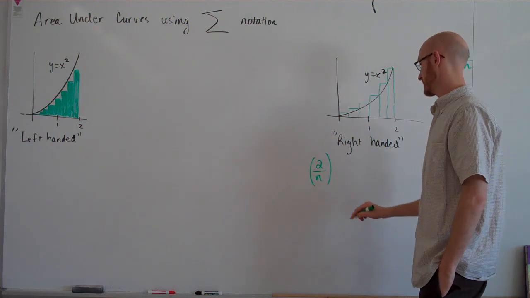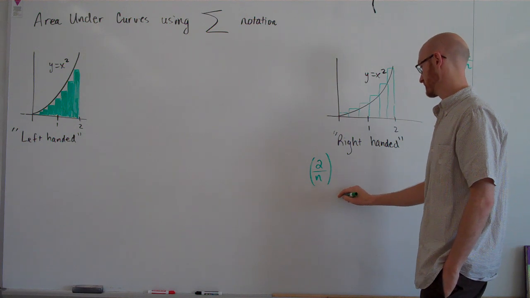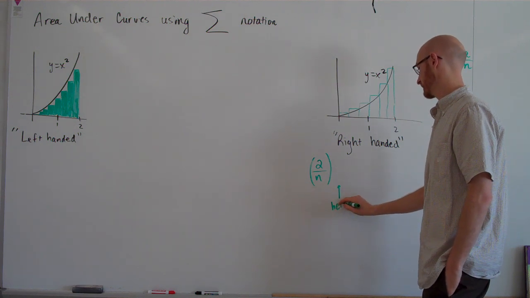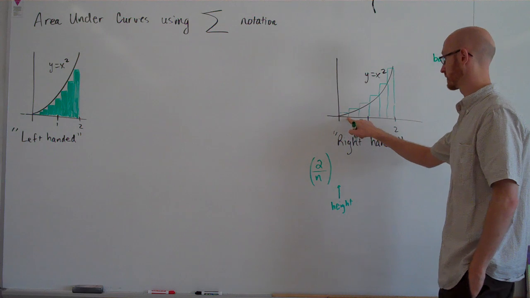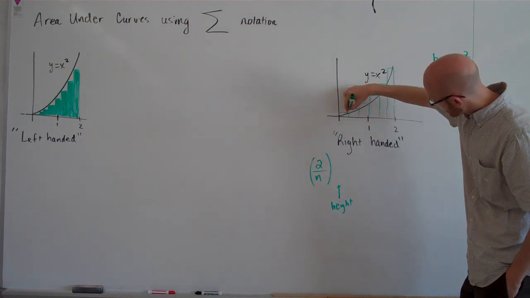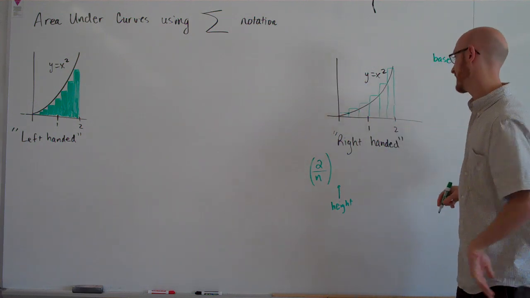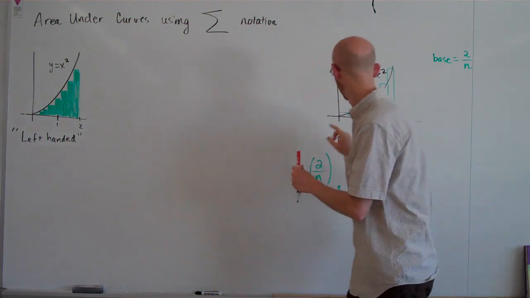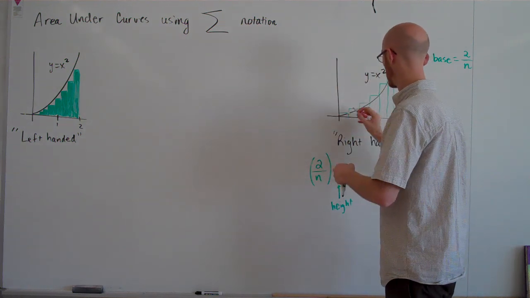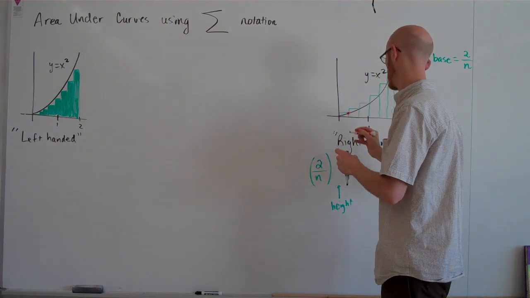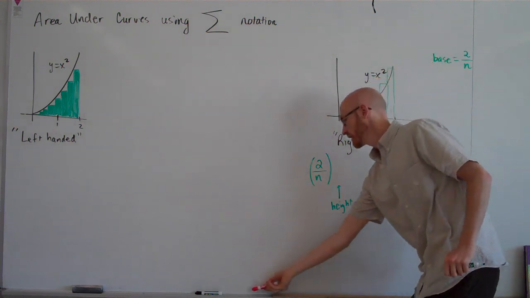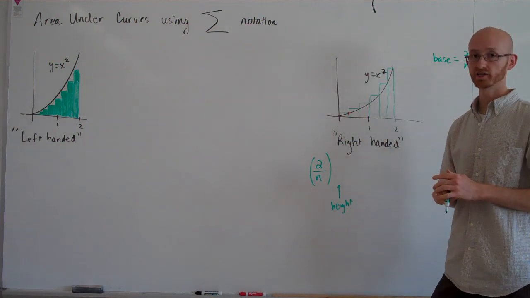Base times, now we need a height, right? So this is going to be our height value of our first rectangle. Well, the height is actually determined by that circle. Well, maybe I'll put it in red so that it's real clear. The height of the first rectangle is whatever the y value is of that red dot.